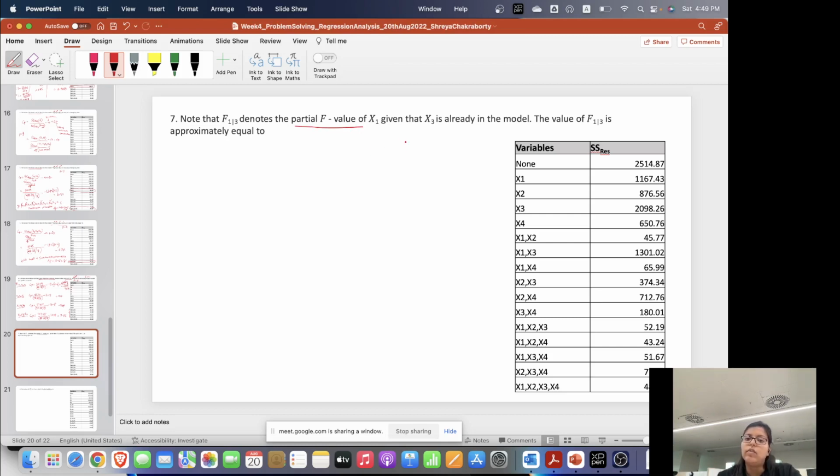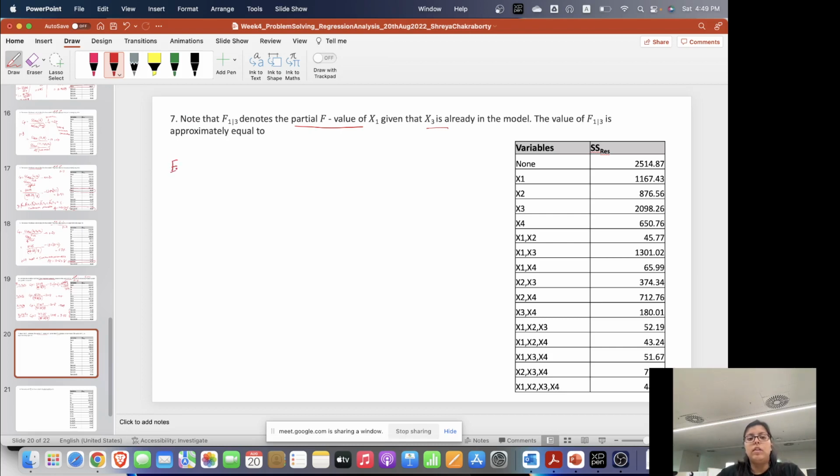You remember when we were doing the ANOVA table and we calculated the F statistic to test whether the regression was significant or not, MS regression by MS residuals, that was our F statistic. So we are denoting F1 given 3 as the partial F of x1 given that x3 is already in the model. Then what would be the value of F of 1 given 3?